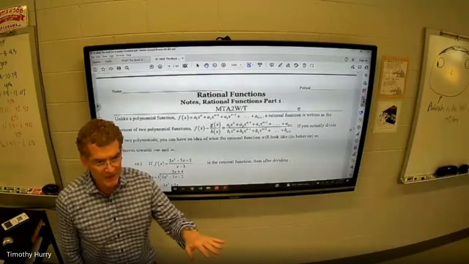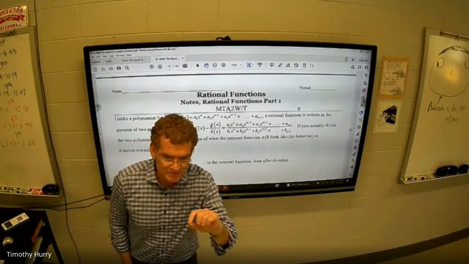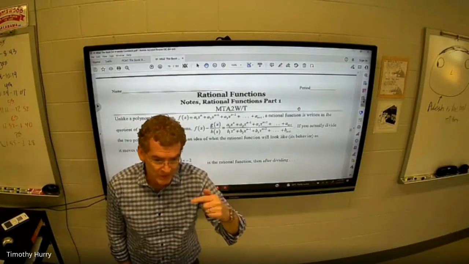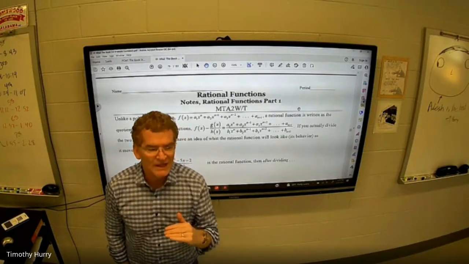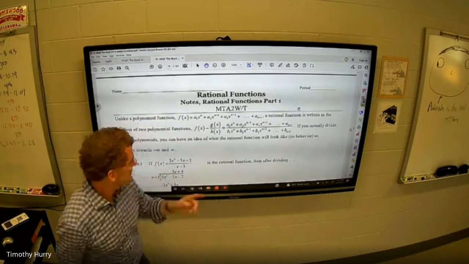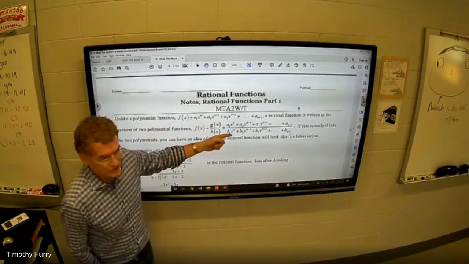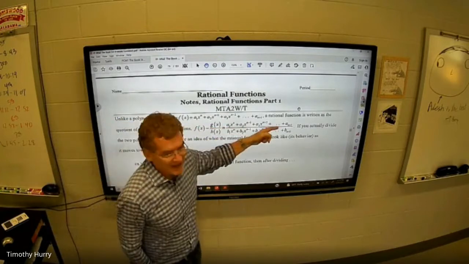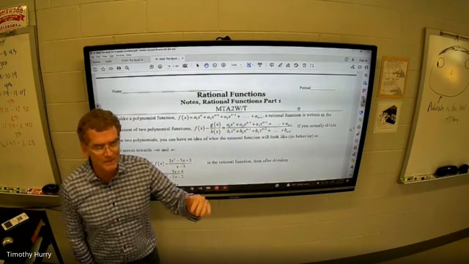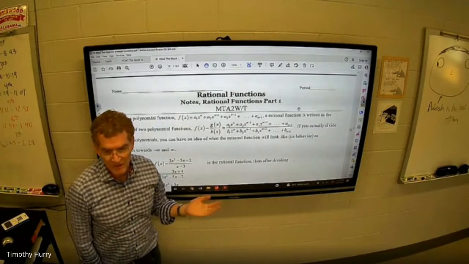No negative exponents, because a negative exponent would flip that x and put it in the denominator. And if an x shows up in the denominator like that, it becomes, in many cases, a rational function. So a rational function essentially has some version of a polynomial on the top and some version of a polynomial on the bottom.